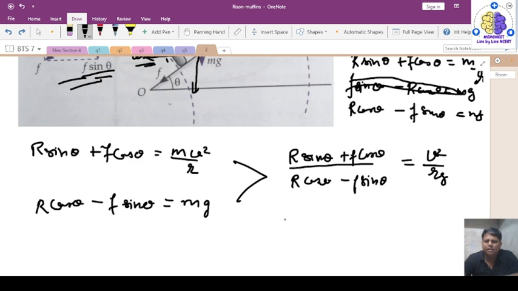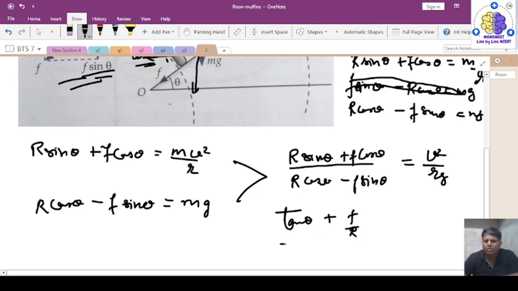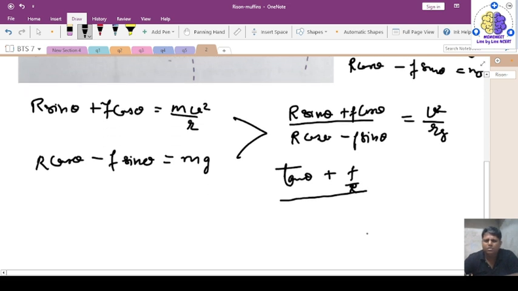We get tan theta plus F by R upon 1 minus F by R tan theta is equal to v square upon rg.